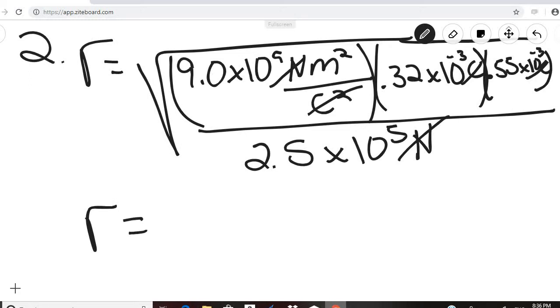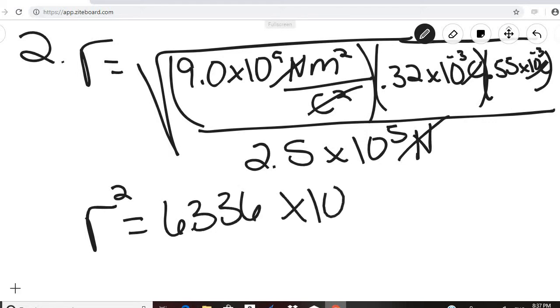So in this case, for R squared, I think you're going to get 6.336 times 10 to the negative 3.